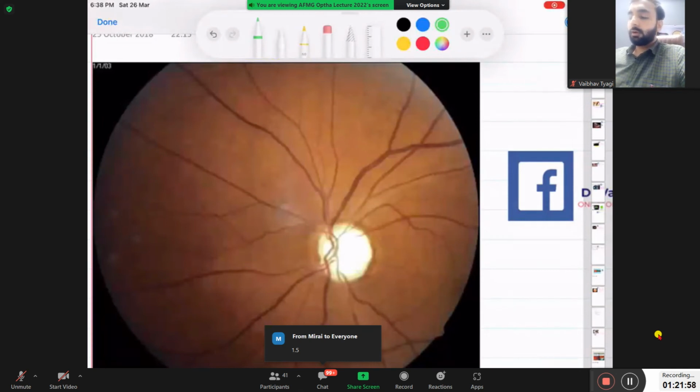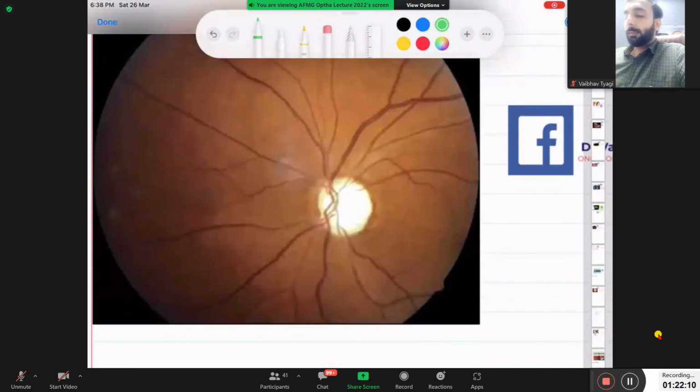What was the location of the macula? Macula was 3 millimeters temporal to the optic disc and slightly inferior to it. And the diameter of the macula was 5.5 millimeters, right? So this is how your optic disc looks in optic atrophy.